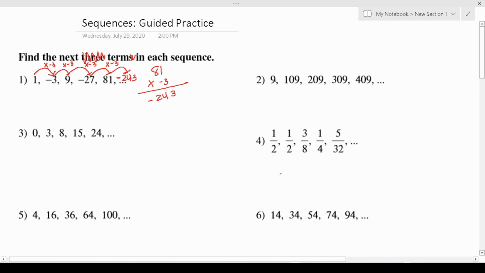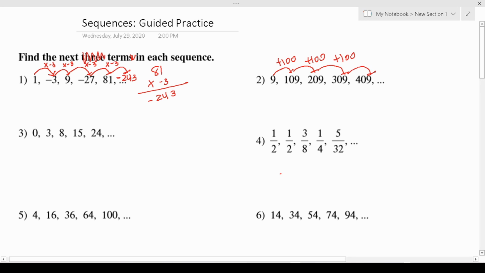Let's go ahead and take a look at number 2. You can see we go from 9 to 109 to 209 to 309 to 409. So this one's pretty easy to see. To go from 9 to 109, we're adding 100. To go from 109 to 209, we're adding 100. To go from 209 to 309, again, we're adding 100.